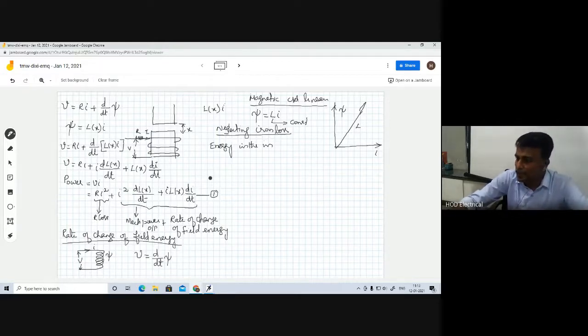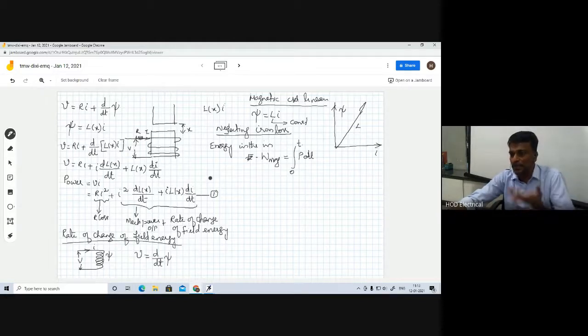What is the formula for energy? We can write the magnetic field energy W as the integral of power with respect to time. For a particular time period 0 to t, power into time is energy.